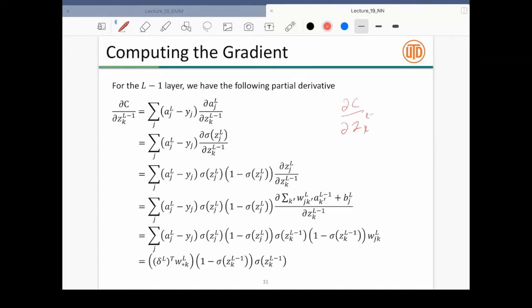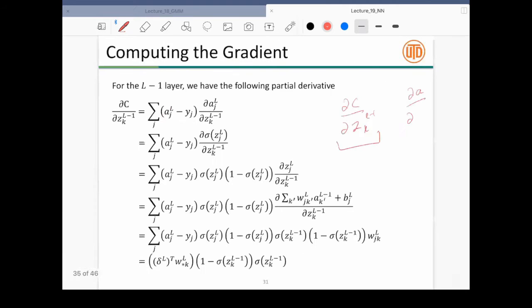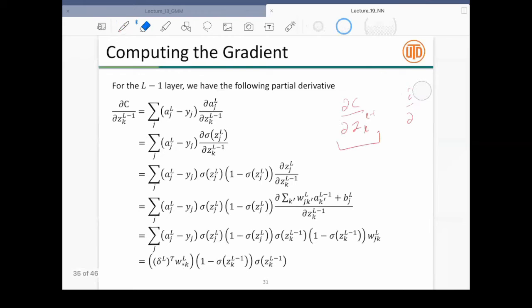So we want to compute this term, assuming that you know the gradient of C with respect to Z^L. If you recall, this term was delta L. So the question is, can we compute delta L minus 1 if we know delta L?